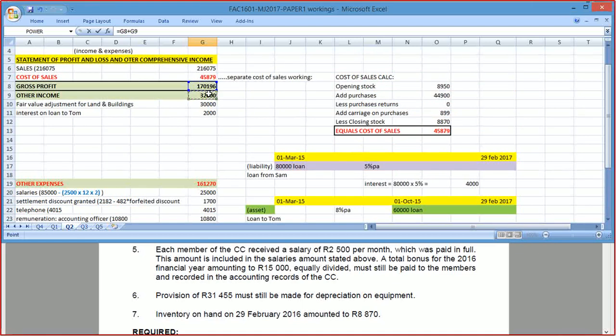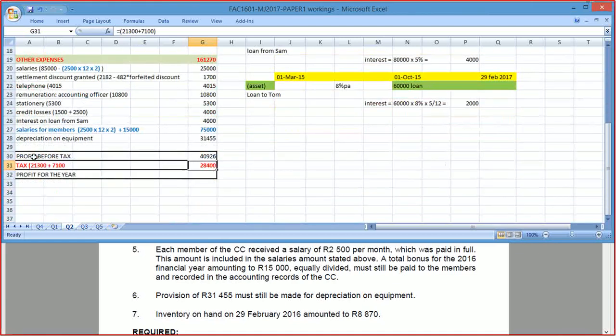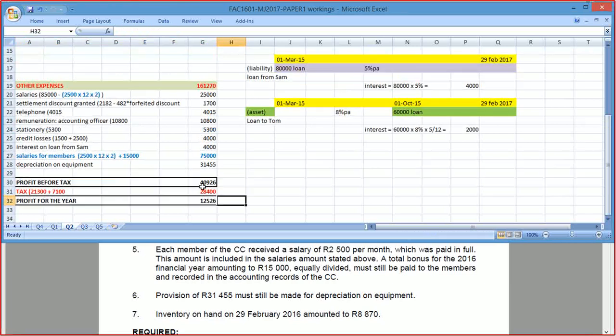This plus that minus the other expenses gives me profit before tax of 40,912. Profit for the year equals this minus that, gives me 12,526. And that's CC. Disclosure for a CC is very easy. It is much easier for CC.